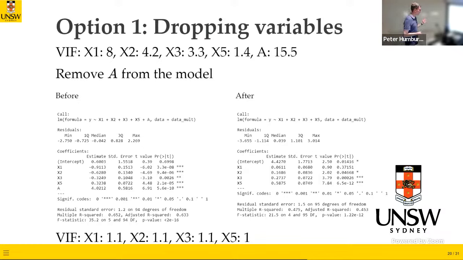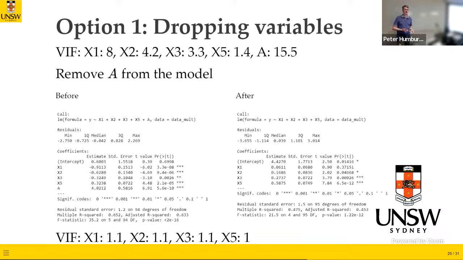Okay, that's good, I guess. The estimates for the coefficients for the variables that do remain in the model are actually not too far off what they should be, so that's kind of encouraging.